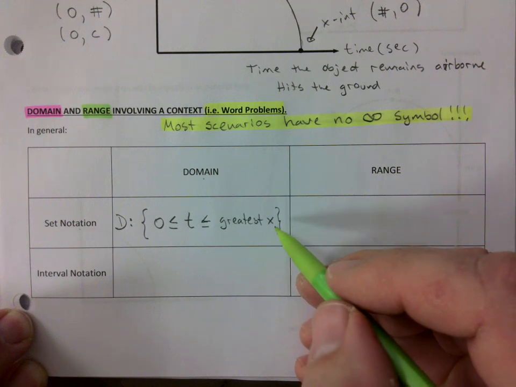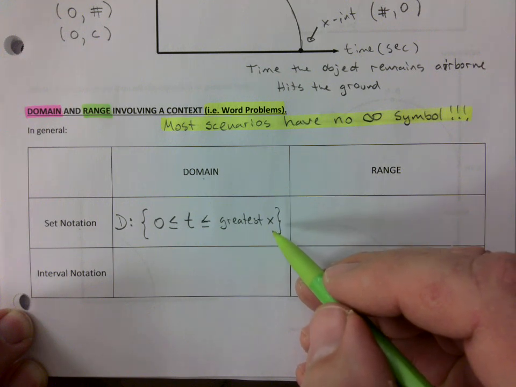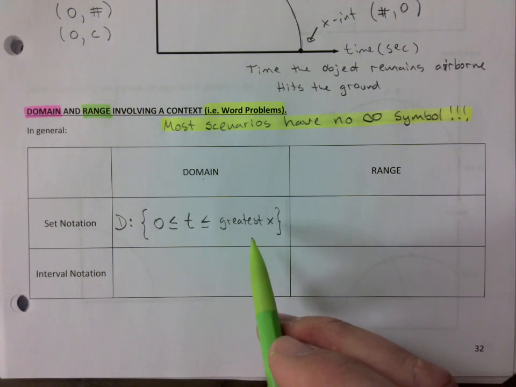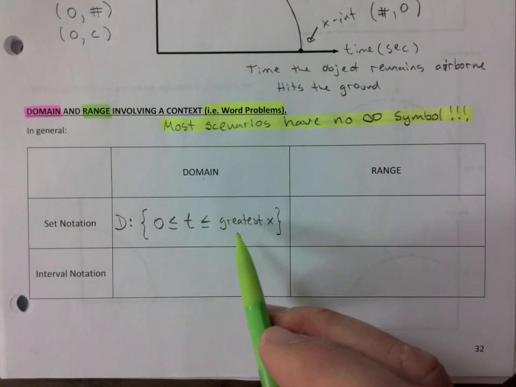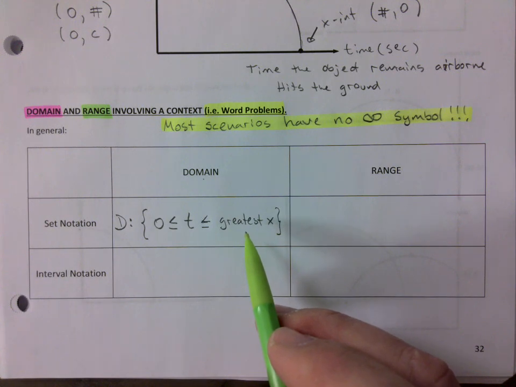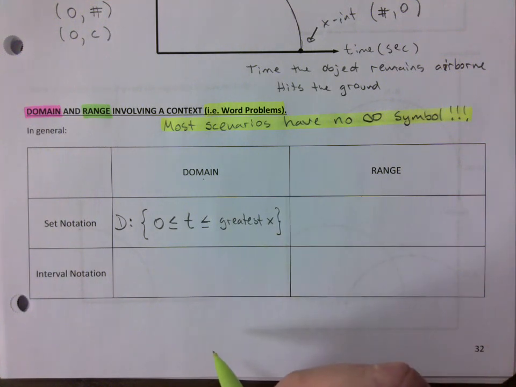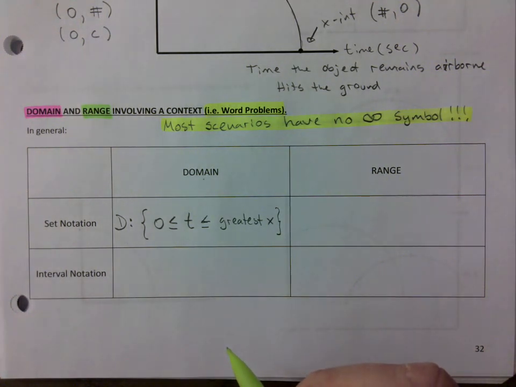I used to put x-intercept there, but I no longer do that because students thought it would always be the x-intercept. But sometimes the ball will not land on the ground, or the person will not land on the ground. The person might land on a trampoline, or the object might land on some sort of box that is above ground.